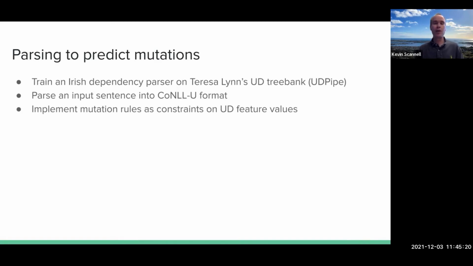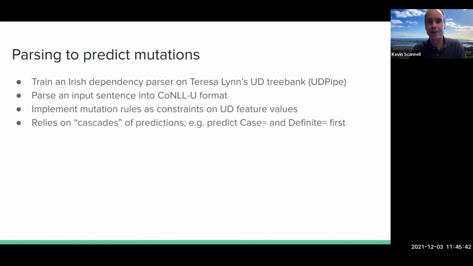So the various mutation rules, an adjective following a feminine noun, and so on, should get a lenition. These get implemented as constraints on what the valid UD feature values can be, given the dependency relations and given the existing features. The challenge to make this work is that it relies on cascades of making the correct predictions.